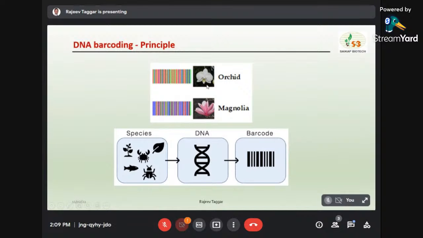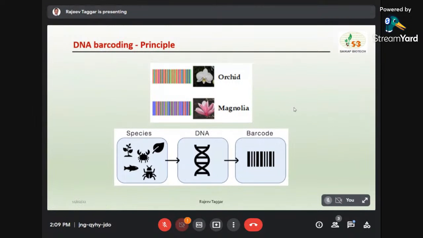On the upper part, you see an orchid, and on the lower part, you see the magnolia flower, and on the right hand side, you see the DNA barcodes. And if we go lower down, DNA barcoding is good for not just plants but also for animals and microorganisms.